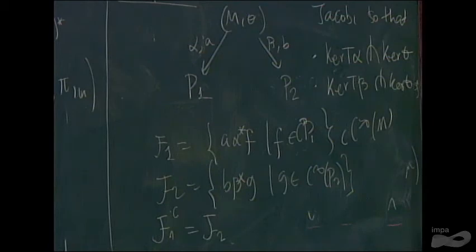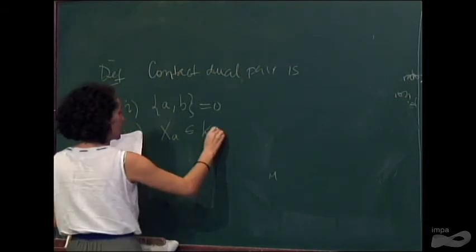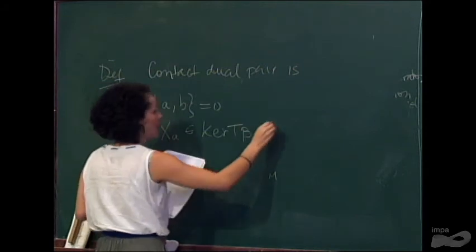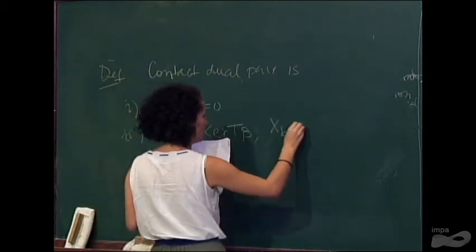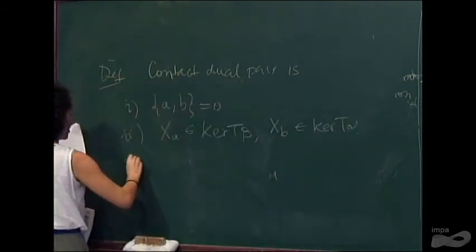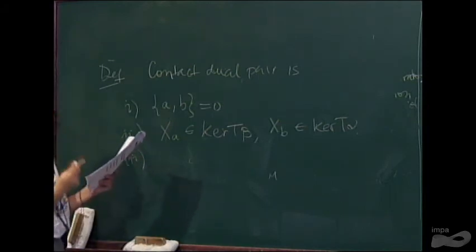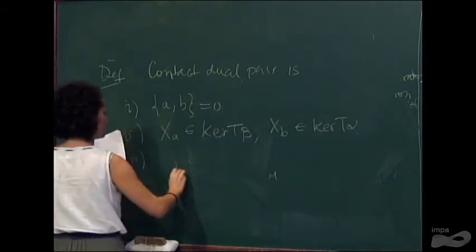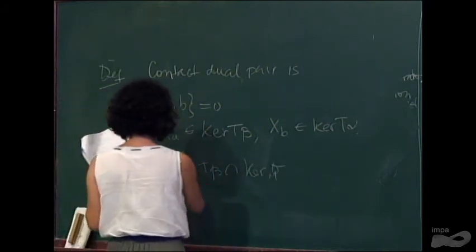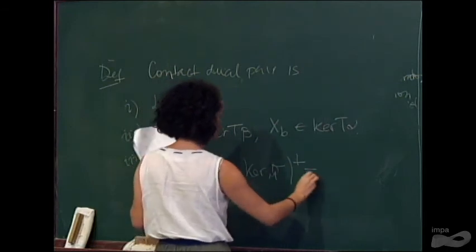If you take the Jacobi bracket of these two functions on M, this is 0. The second condition is that the Hamiltonian vector field of A belongs to the kernel of beta, and the one of B belongs to the kernel of alpha. And the third condition is that the fibers are contact orthogonal. So the kernel of T beta intersected with the kernel of theta is contact orthogonal to this one.